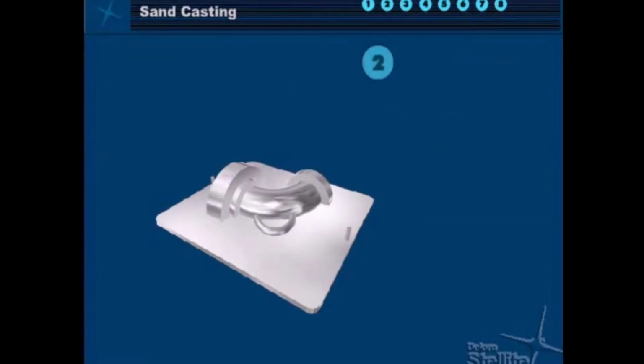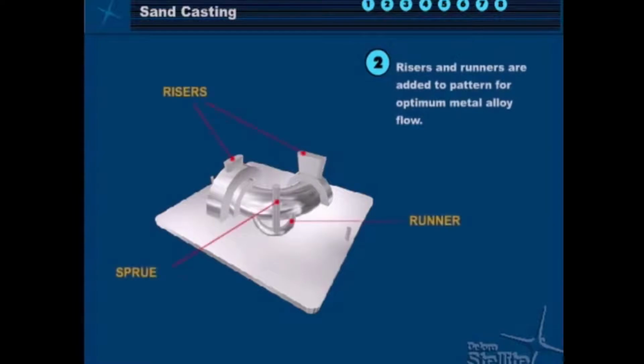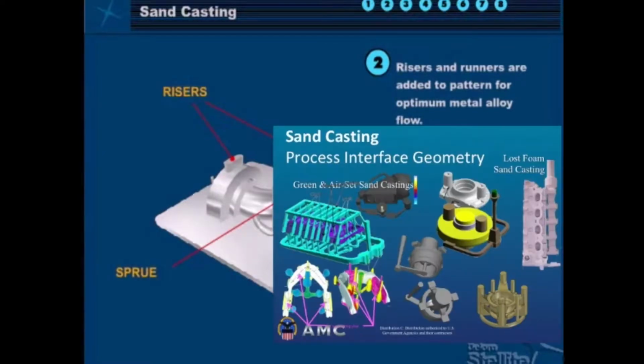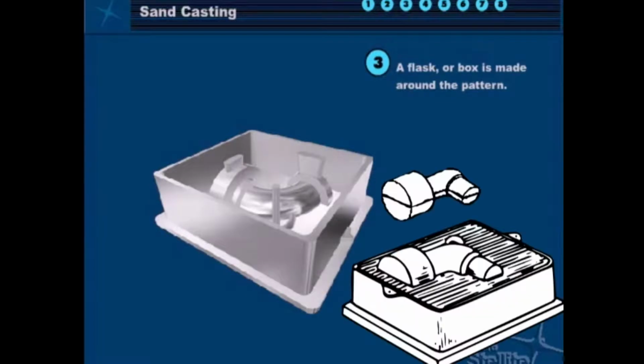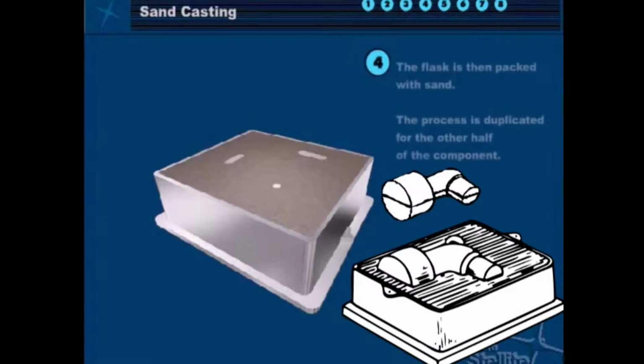Now we see addition of a gating system and risers to feed solidification shrinkage. In reality, this process interface geometry is highly engineered to meet the casting's class and grade specification. In horizontal sand molding, the top half of the mold is called the cope. A box or flask is placed around the pattern and filled with sand. The drag is the bottom half, and the core is set in the drag.